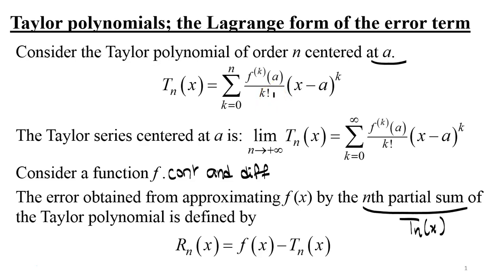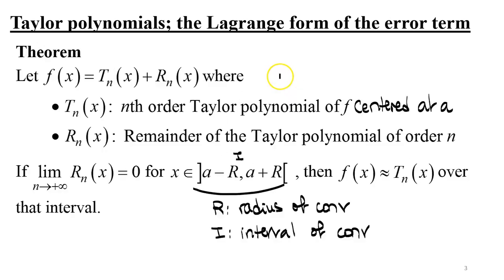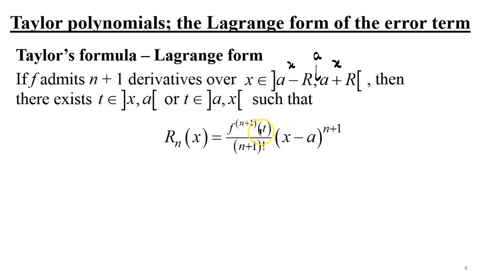However, the Lagrange form uses the n plus 1 term. So the error obtained by this approximation would more or less be as if we're considering the next term in the expansion, the one that follows the last term in the polynomial, the one corresponding to k equals n plus 1, of course, where the Taylor coefficient is evaluated at t instead of a.